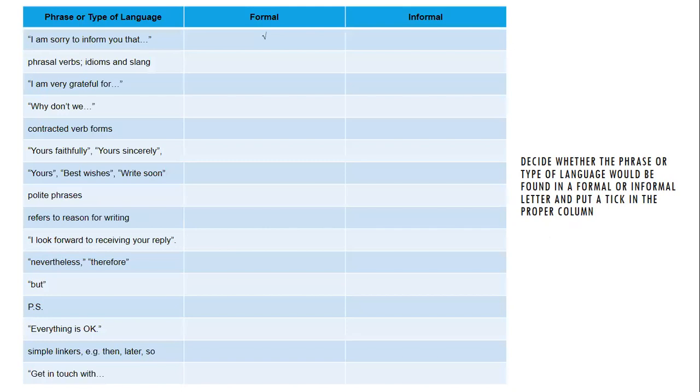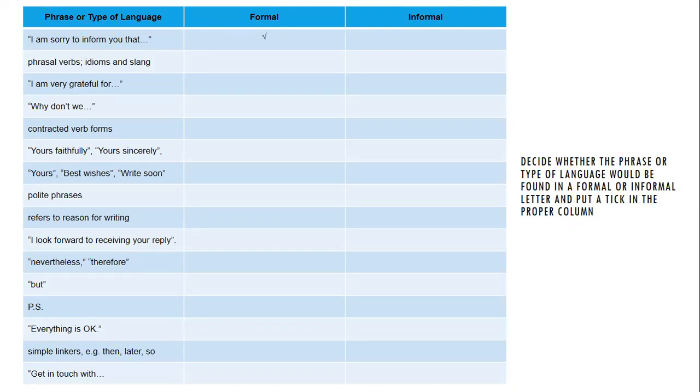Decide whether the phrase or type of language would be found in a formal or informal letter and put a tick in the proper column. Number one, I'm sorry to inform you that this is a, formal.